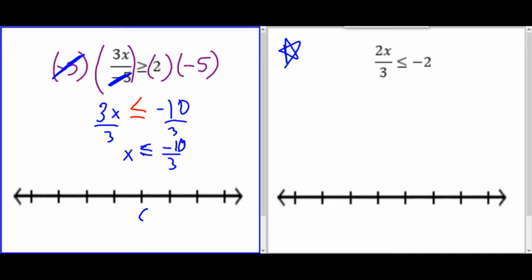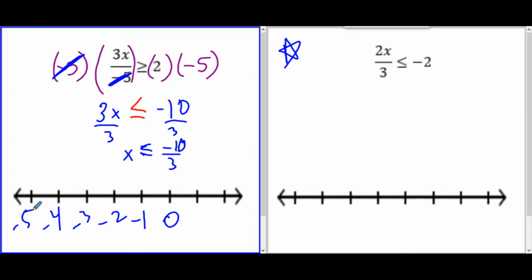So here's 0. Actually, no, let me put 0 a little further down. So here's 0, -1, -2, -3, -4, -5.